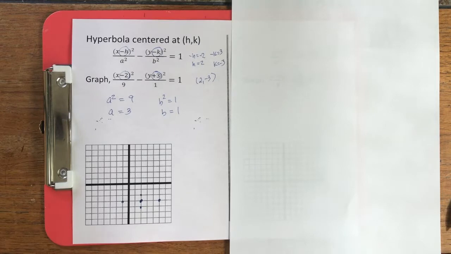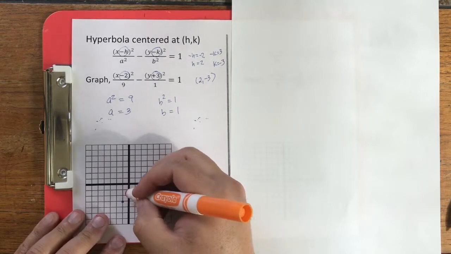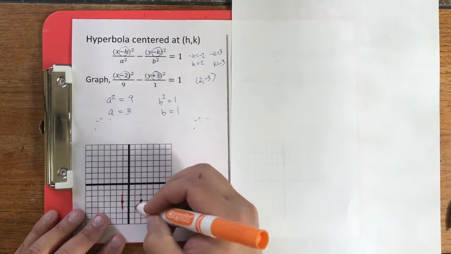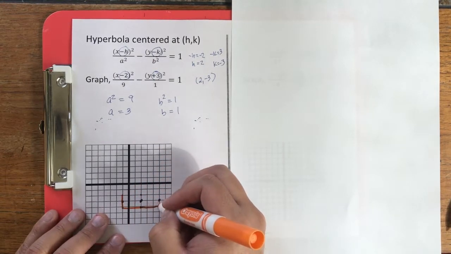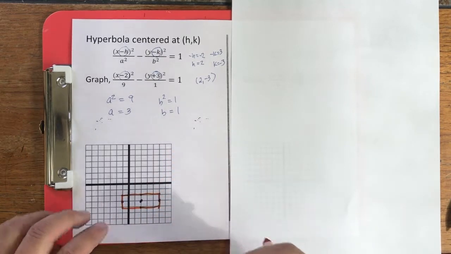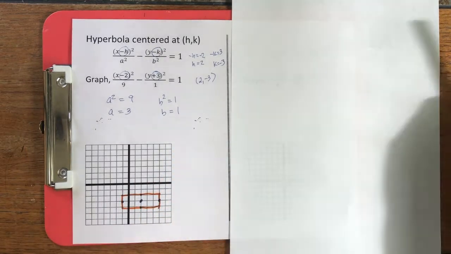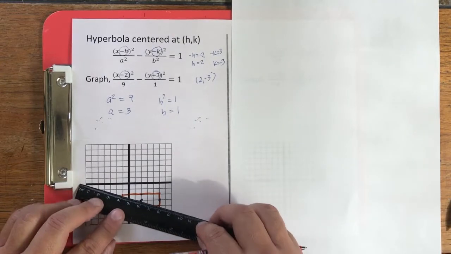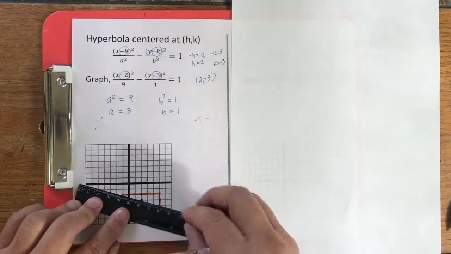Okay, and then we're going to make our rectangle. Okay, and then let's draw our asymptotes that go through the diagonals.